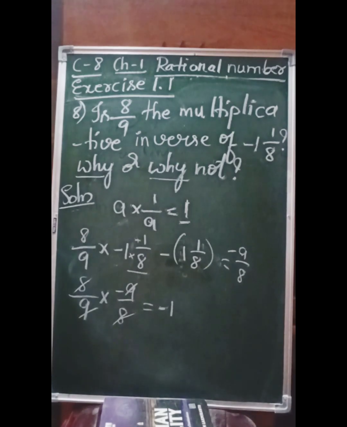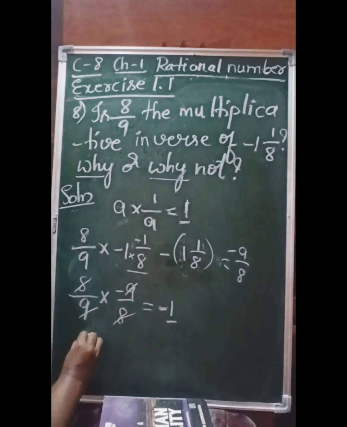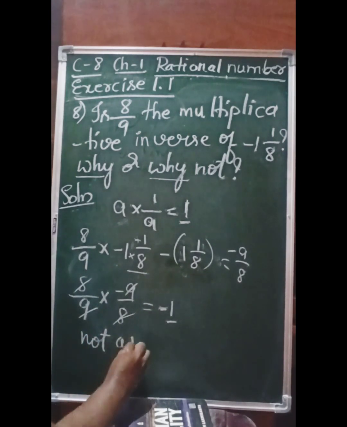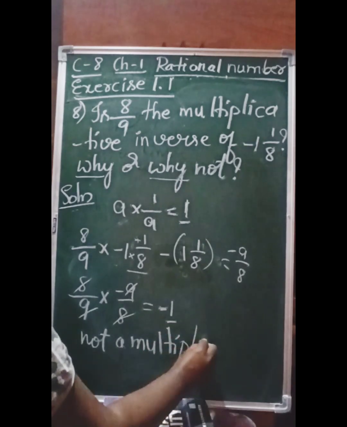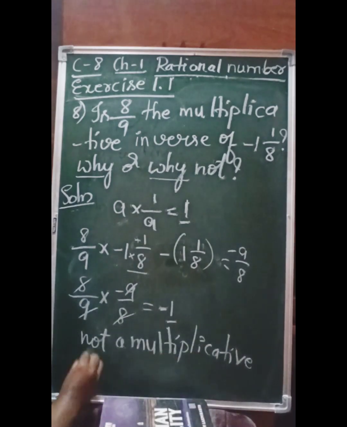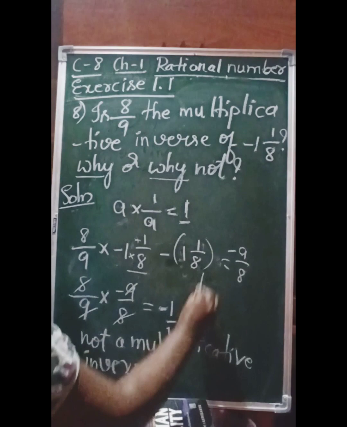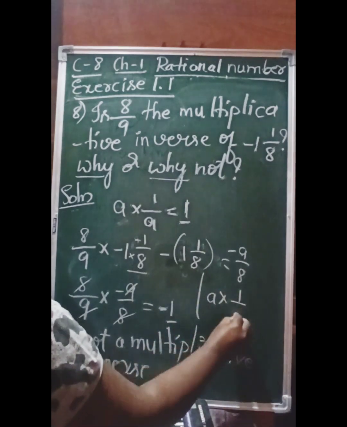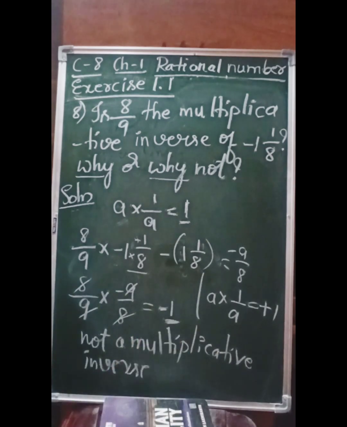The reason is that the product gives us negative 1. What is the reason for this? Because a into 1 by a equals plus 1, not minus 1. That's why it is not a multiplicative inverse.